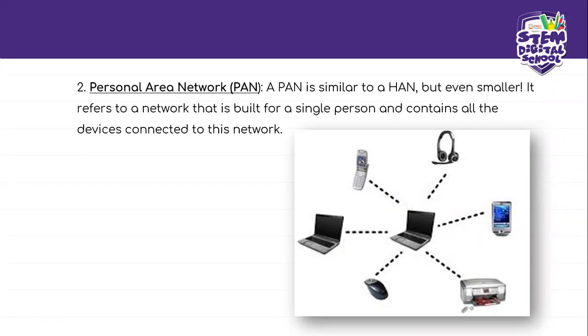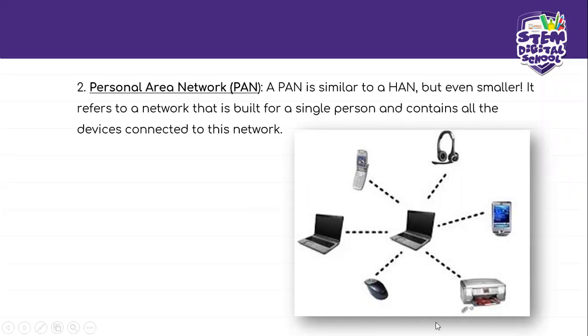I would like to believe that these headphones belong to the owner of this cell phone. I can see one laptop, a mouse. Is this a tablet, cell phone, headphone? So this one is a personal network, because it's not home-based.